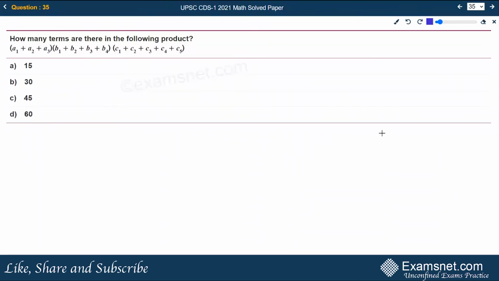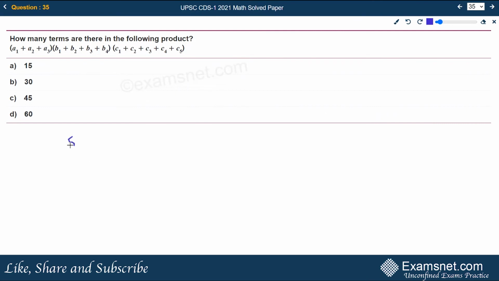In question number 35, we are given: how many terms are there in the following product. We can see in each factor, first of all, there are 3 terms in the first one, then there are 4 terms, in the third one there are 5 terms, right?